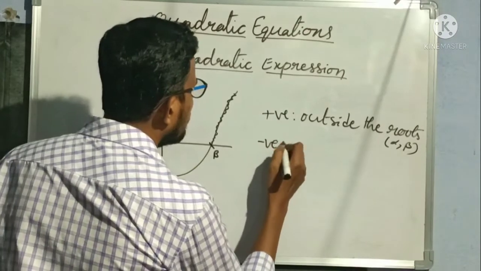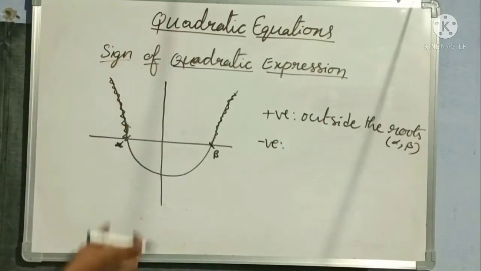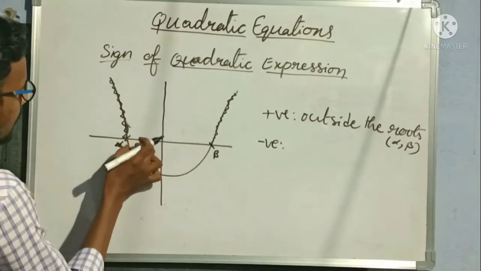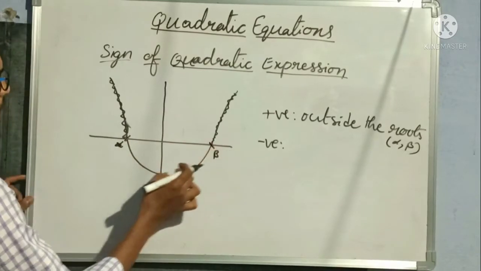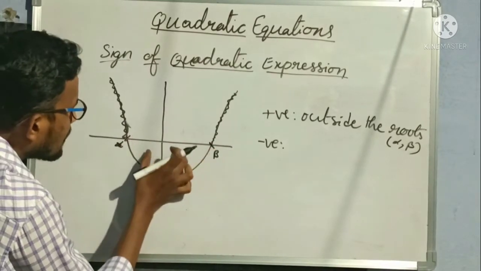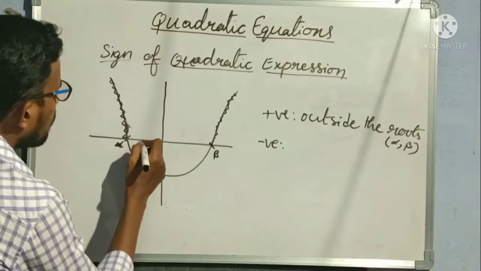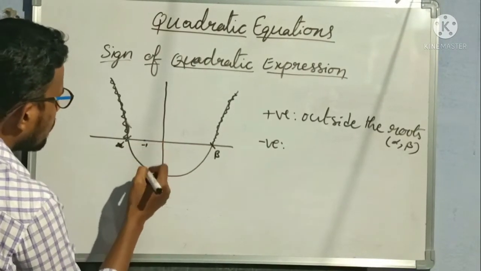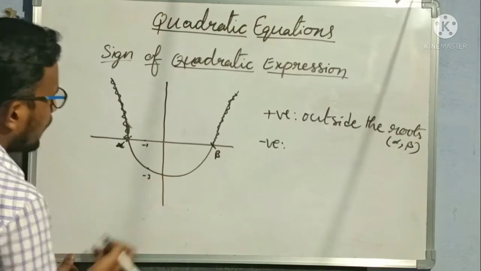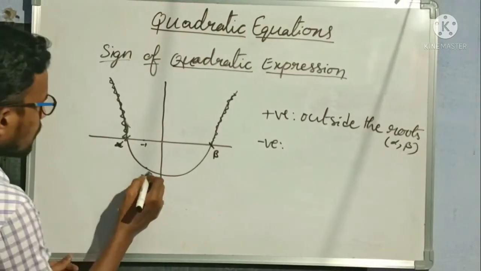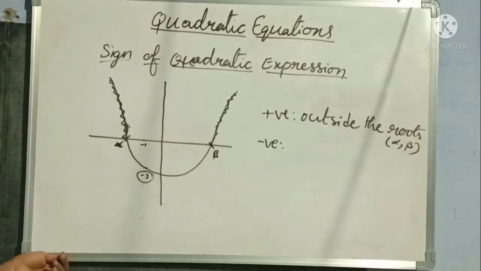And when will it be negative? It will be negative in between the roots. Wherever you take in between the roots, it will always be negative, means our y value is less than 0. For suppose if you take x value as -1, then our y value is -3. So minus 3 is a negative value.